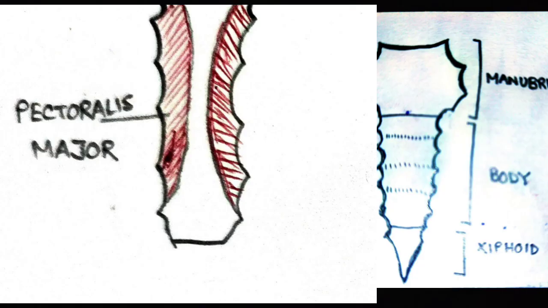Now the anterior surface. The anterior surface has three faint ridges which represent the lines of fusion of four segments, known as the sternebrae. On each side, it gives origin to the fibers of the pectoralis major muscle.